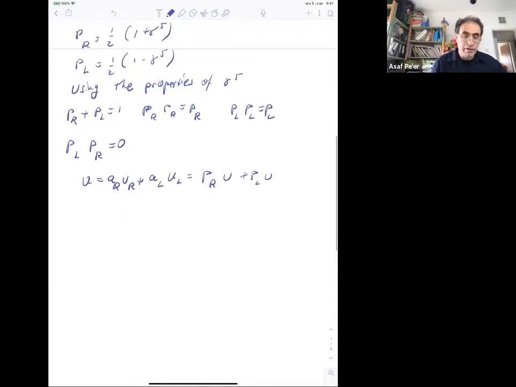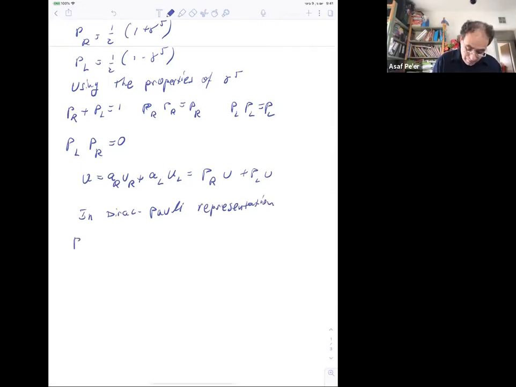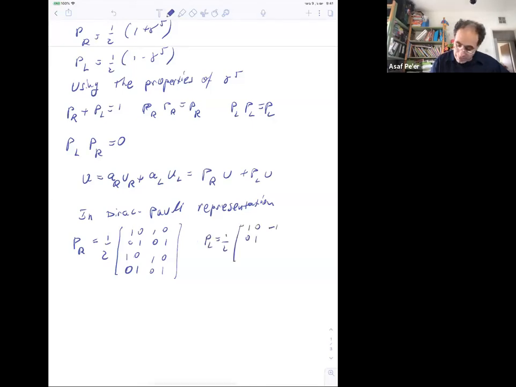Now, if we use the Dirac-Pauli representation, then again, just plugging in the gamma 5, it's pretty straightforward to show, it's a small exercise, that P_R is 1/2 times a matrix with 1, 1, 1, and 1, basically 4 units. Then P_L is 1/2 of 1 minus 1, minus 1 and 1.